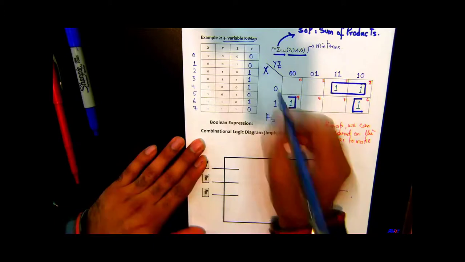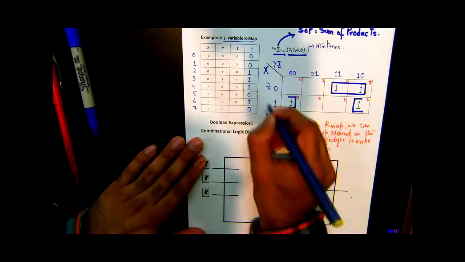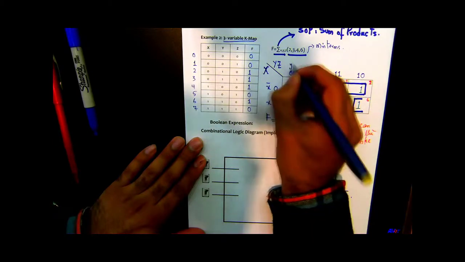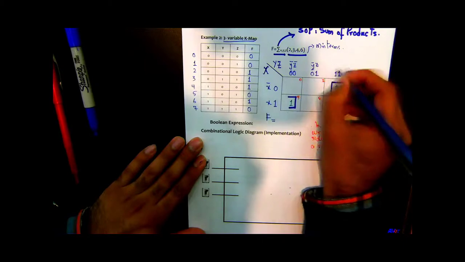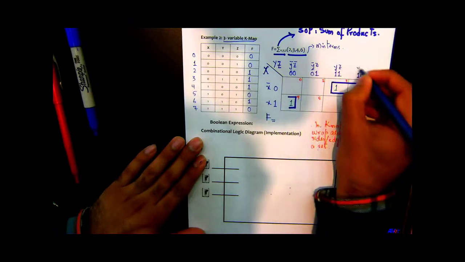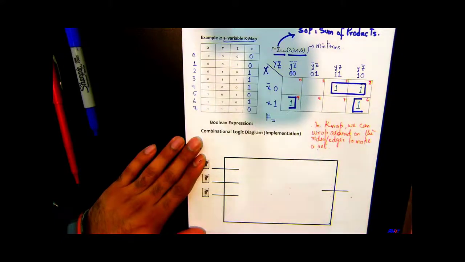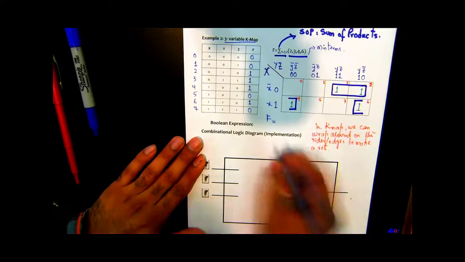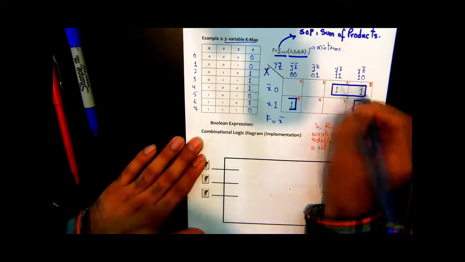Now I'm going to get an expression for this pair right here. What is the common on the y-axis here? This is going to be X bar, this is X. Y bar Z bar, Y bar Z, YZ, and then YZ bar. What is the common on the y-axis for this rectangle right here? It's X bar, right? And what is the common on the x-axis here?